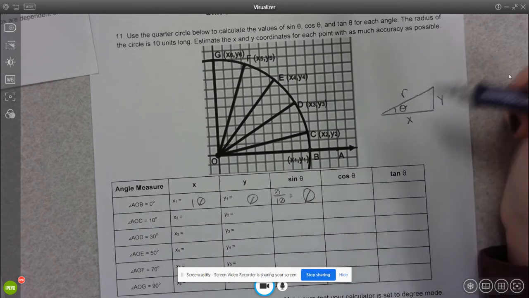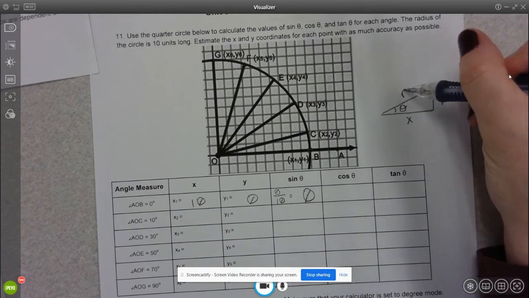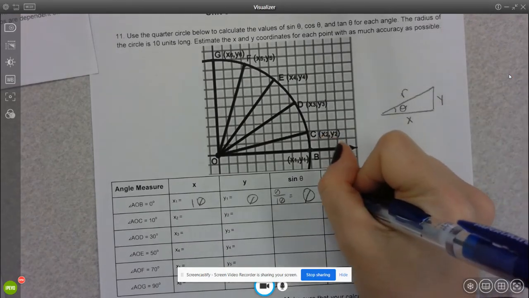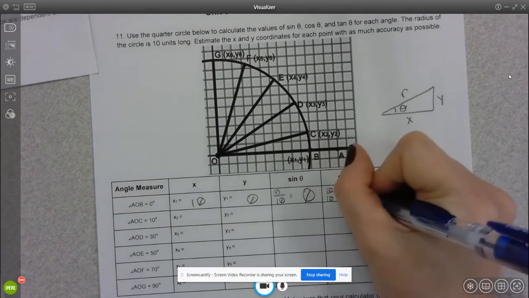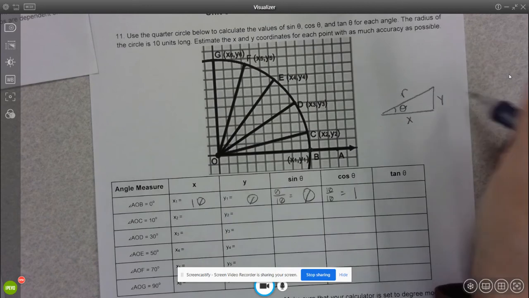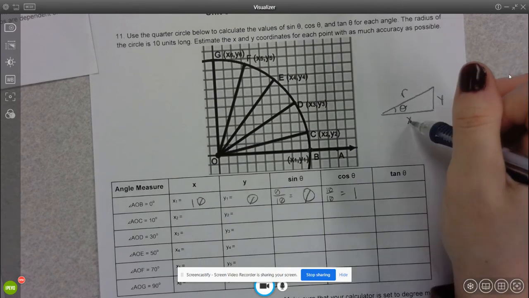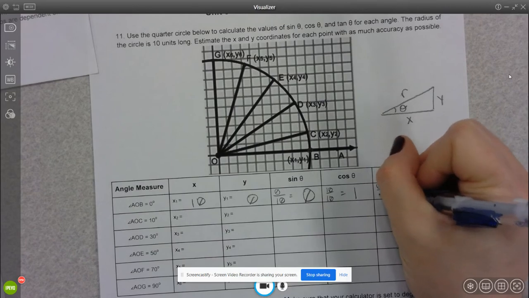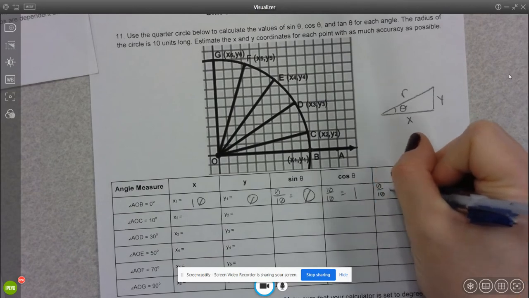Cosine is x divided by r. Well, x and r are both 10. So that's 10 divided by 10, which is 1. And then tangent is y divided by x. 0 divided by 10.